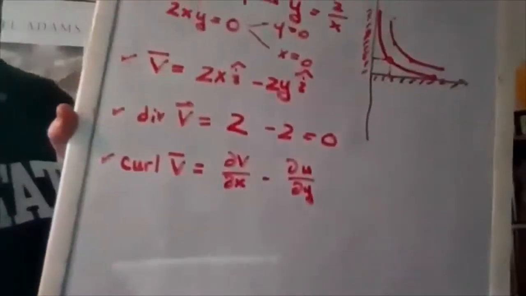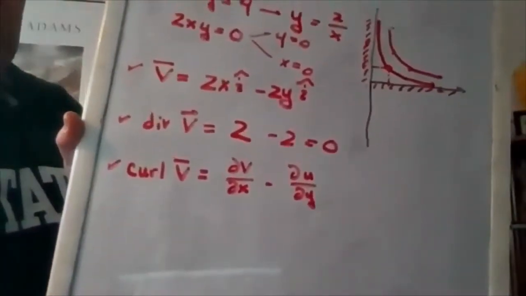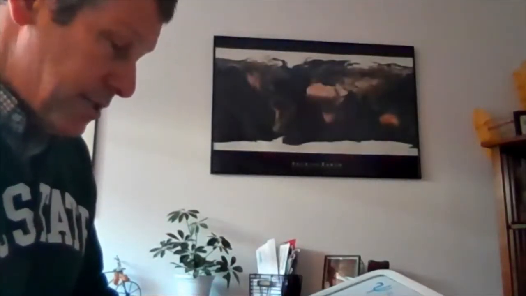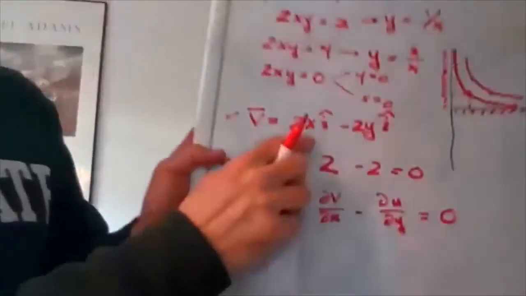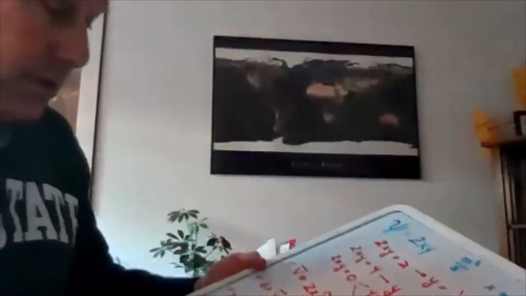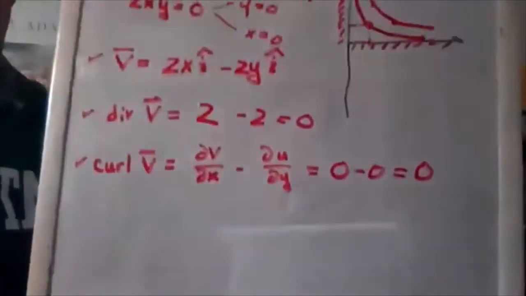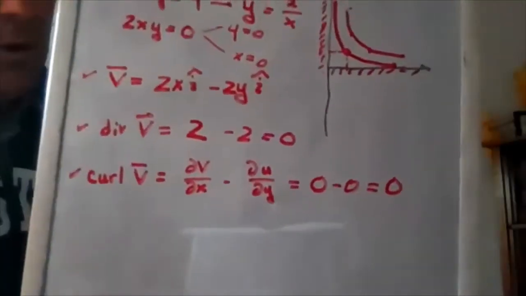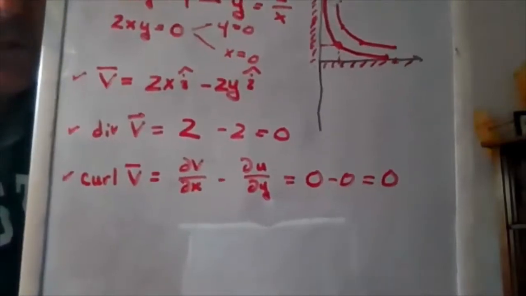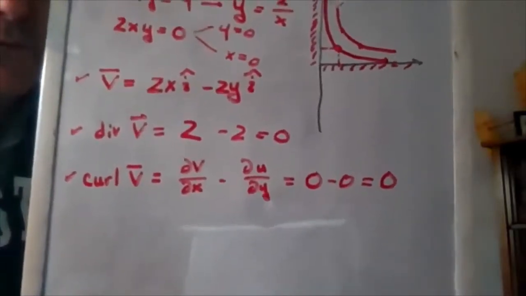Partial of v with respect to x is 0. Partial of u with respect to y is 0. And so that is 0. Okay, so what the book, or anyone analyzing fluid flow, is going to say is that we have irrotational flow. We have no rotation.